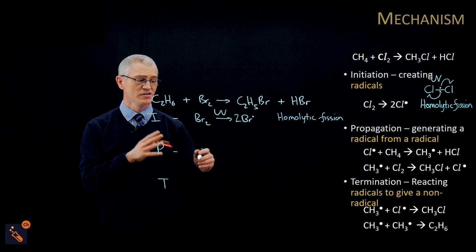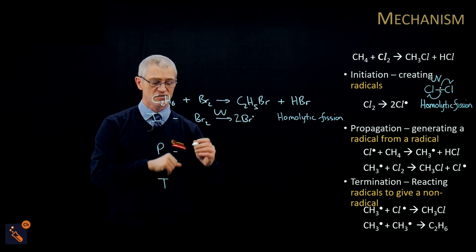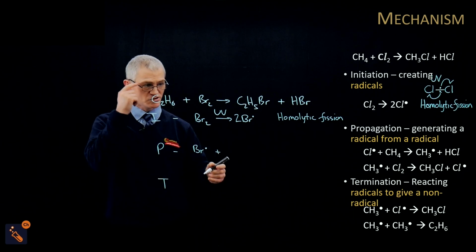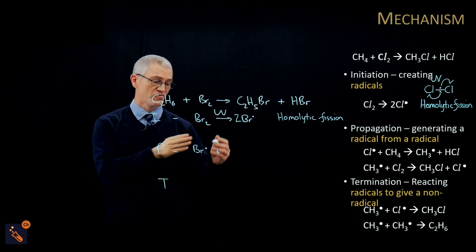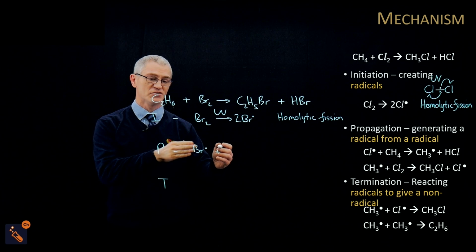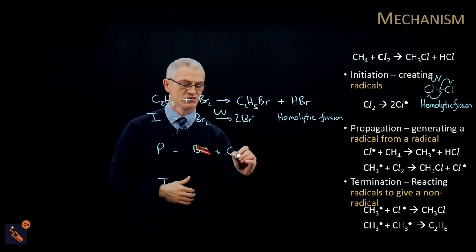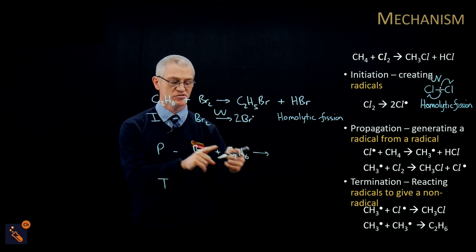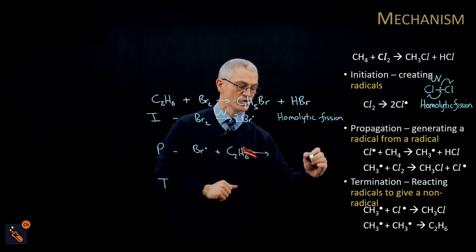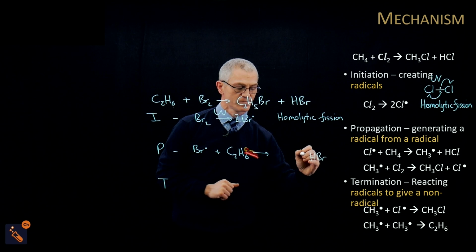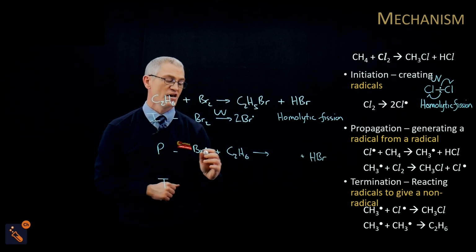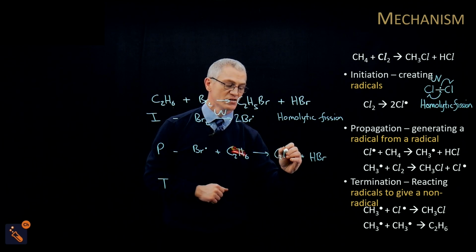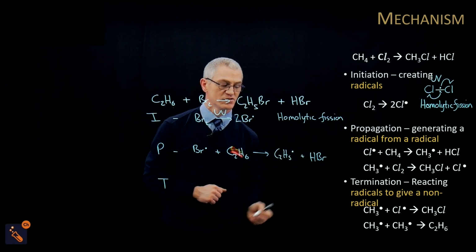Now propagation is going to be, we use the Br dot, and then we add the Br dot to the C2H6. So we add it to our original, and we're going to see the hydrogen react with the bromine, so we get HBr. Okay, and then that means I've lost that hydrogen, so I'm remaining with C2H5 dot.